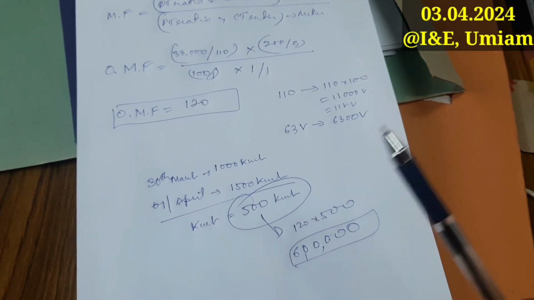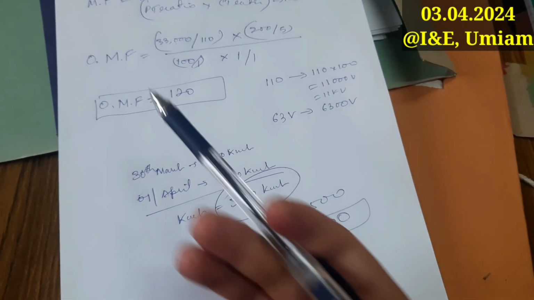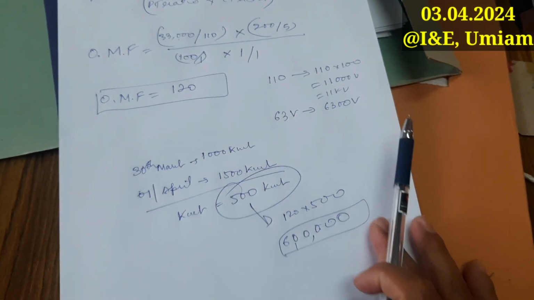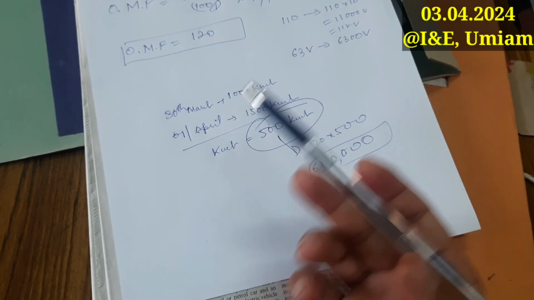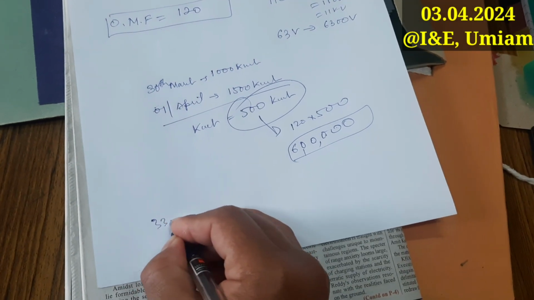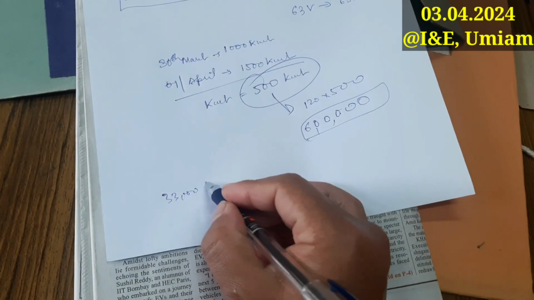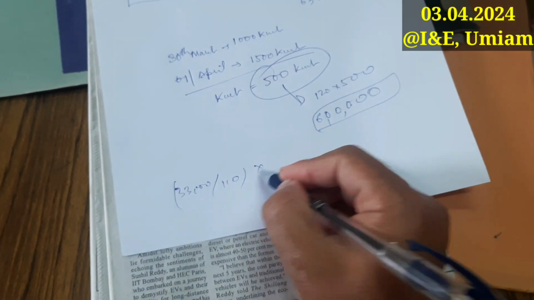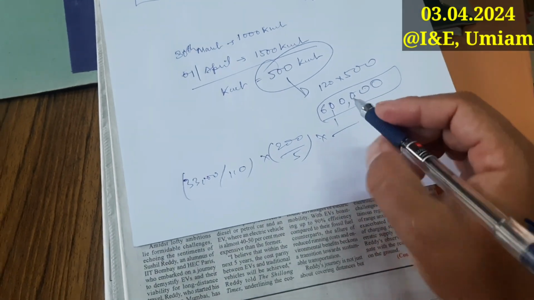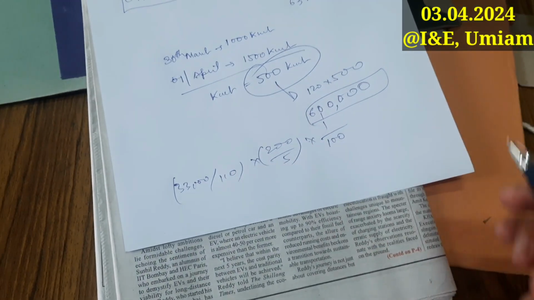So this is how you calculate the multiplying factor. As given here, it will be 120. In short, normally we take 33,000 and 110, then the CT ratio 5 for us, and then multiply by the PT ratio of the meter.